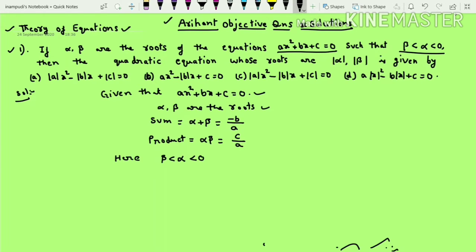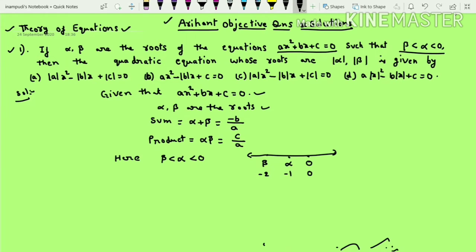On the real number line, if beta is minus 2, alpha is minus 1, and then 0, so minus 2 is less than minus 1 less than 0.